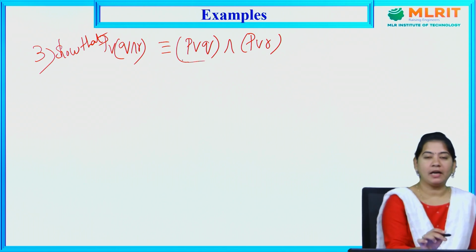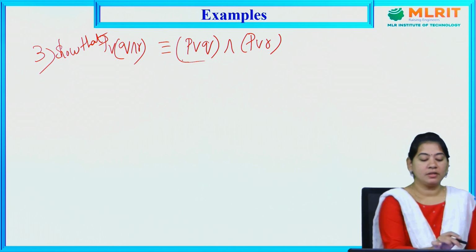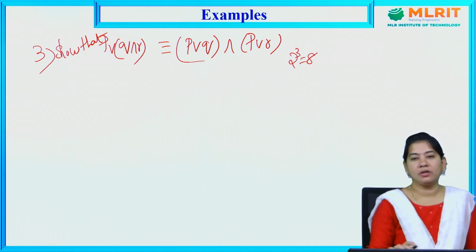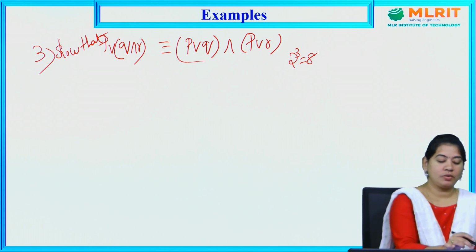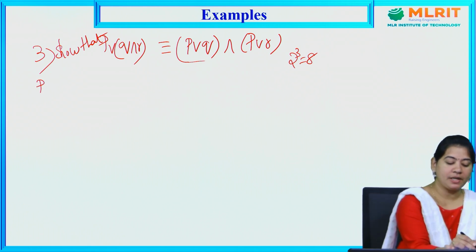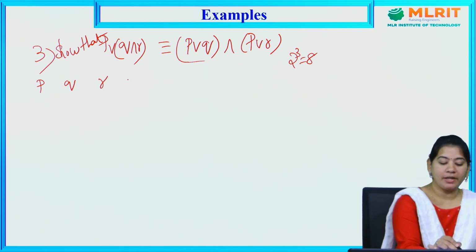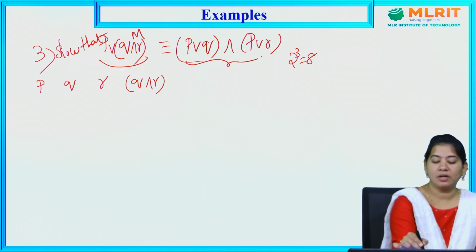As we have three variables, we will get 2 power 3, that is a total of 8 combinations. Let us suppose I am considering P, Q and R. Here we need to find Q and R to get the M statement first. This is the M statement and this is called the N statement.